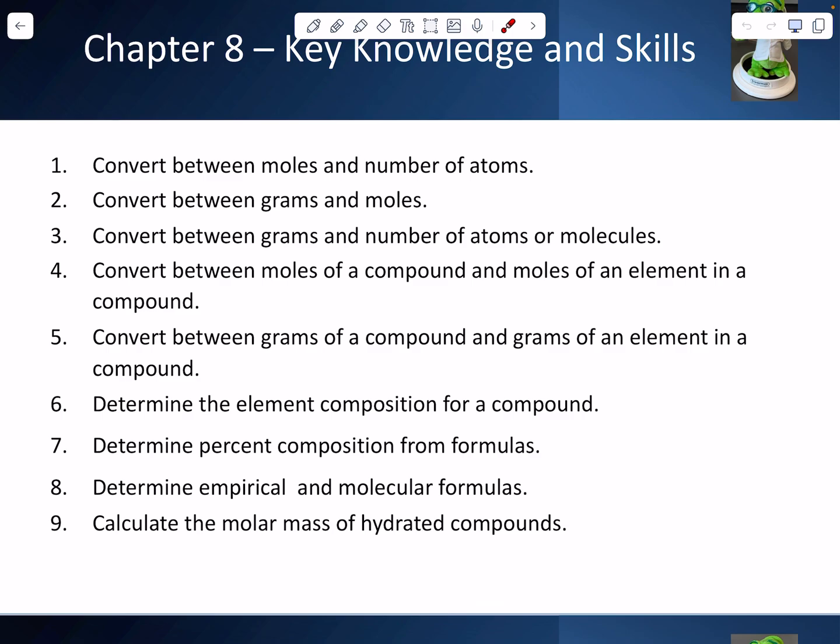We want to take the things we can measure in the lab and turn them into: this molecule has 5 atoms of this and 6 atoms of this, and they rearrange when it reacts with this other thing to form a compound that has 2 atoms of this and 4 atoms of that.